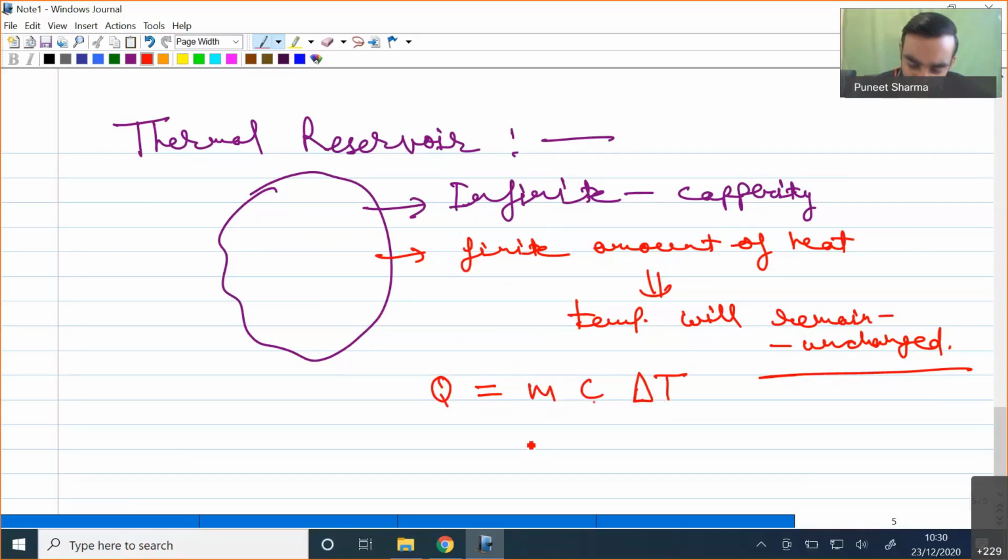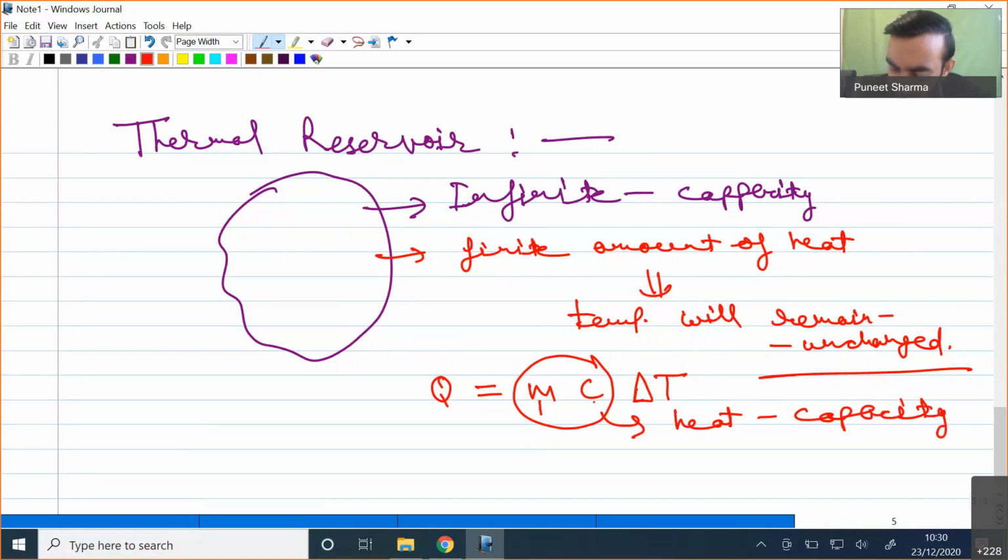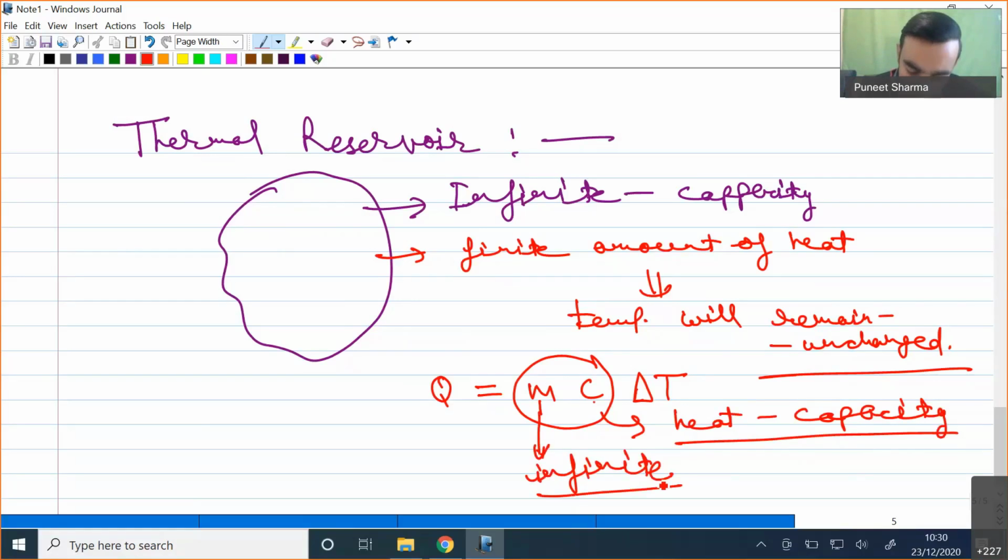The product m times c is referred to as heat capacity, because it represents how much heat is required in order to change the temperature. So if m is infinite, obviously an infinite amount of heat will be required to change the temperature.